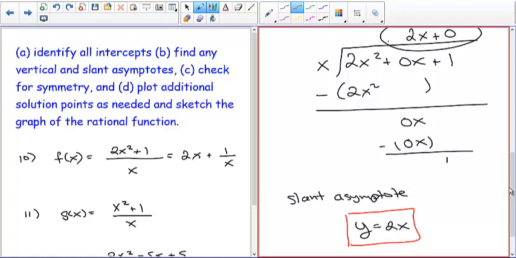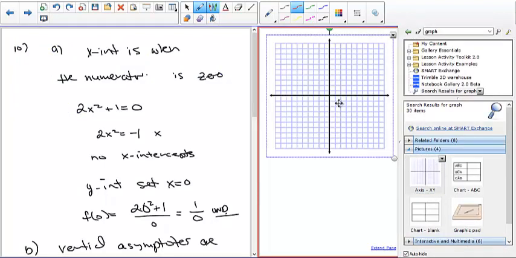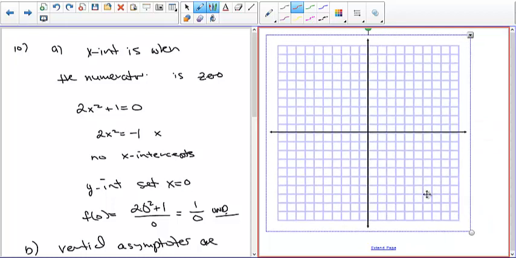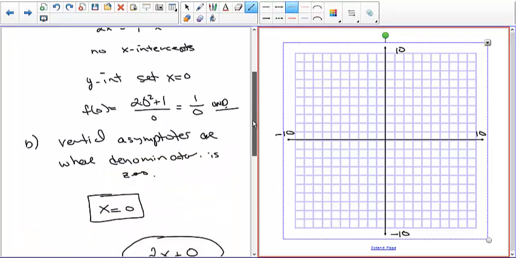So now we are going to plot what we know. So we'll take our graph paper, and again we'll go from -10 to +10. There were no x and y-intercepts. The only thing we have is the vertical asymptote.